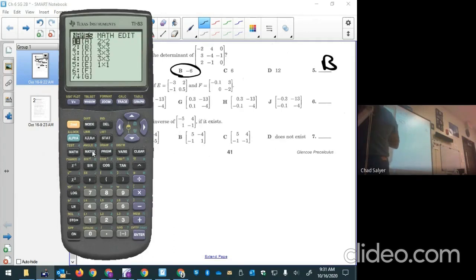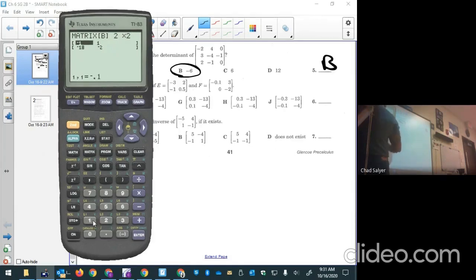And then we'll redefine B also as a 2 by 2. And it is -0.1, 3, 0, and -2. So now I'm going to do matrix A times matrix B.